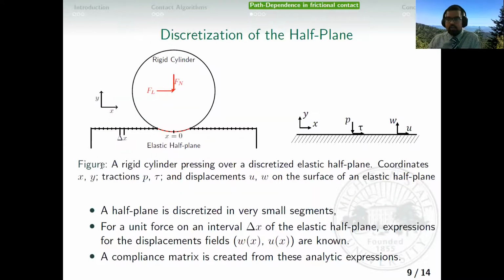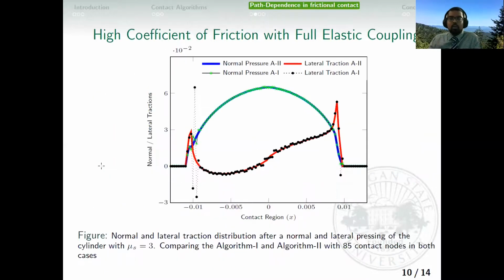So for a contact problem, we used this 2D contact problem where a rigid cylinder is pressing on an elastic half plane, and the half plane is discretized in very small segments. We have analytical expressions, and using that we can create a compliance matrix for this contact problem. Here is a complex problem with a very high coefficient of friction and full elastic coupling for Coulomb friction, where the coefficient of Coulomb friction is 3.